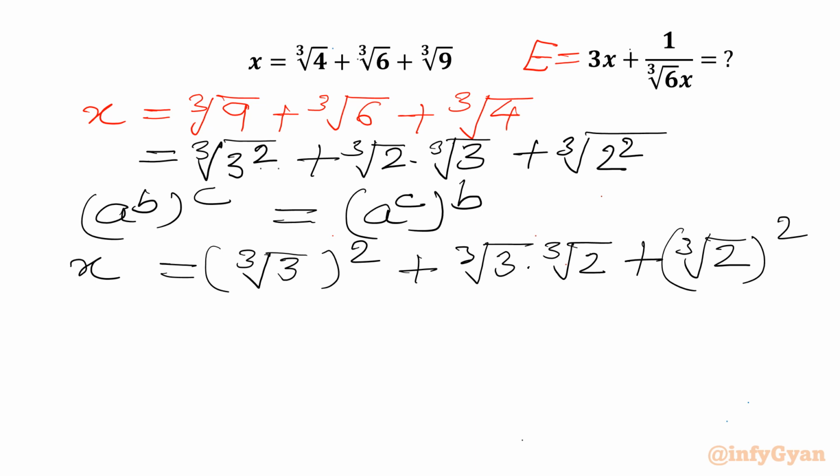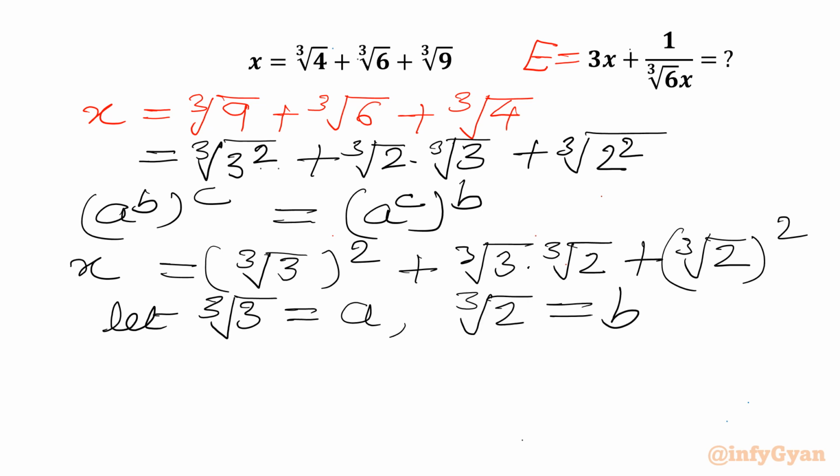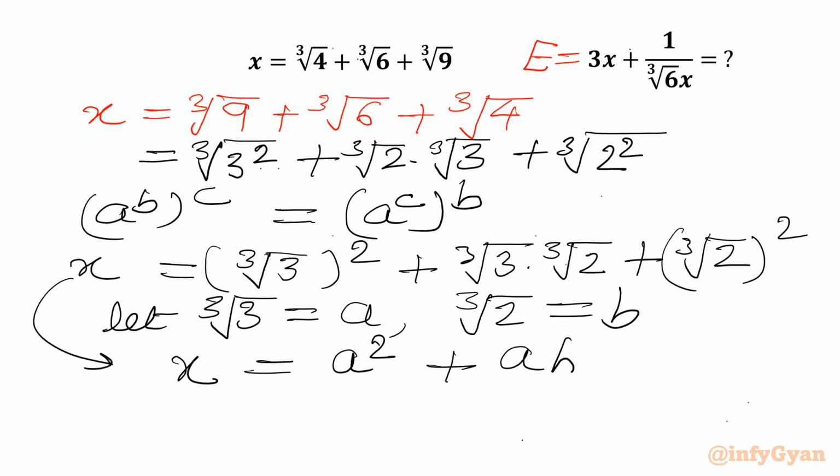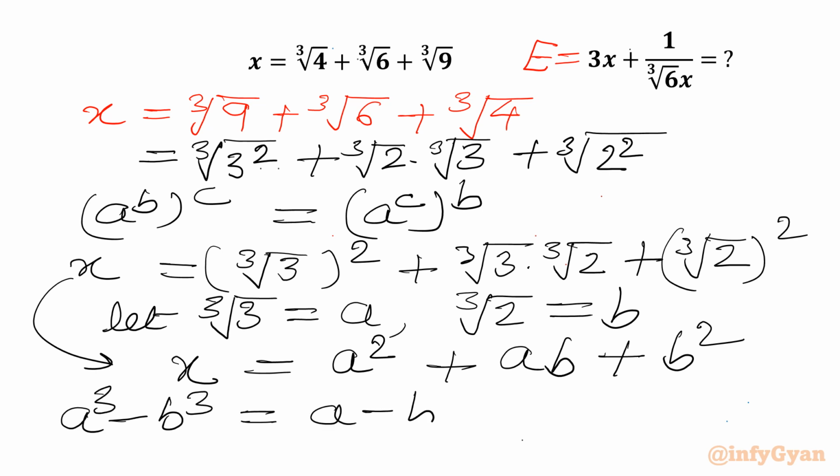Now if I consider cube root of 3 equal to a and cube root of 2 equal to b, then x will become a square plus ab plus b square. And we know one algebraic formula, a cube minus b cube, which is equal to (a minus b) times (a square plus b square plus ab).